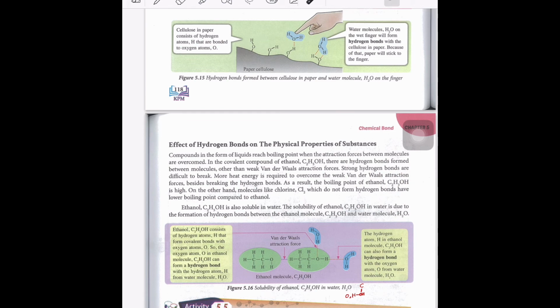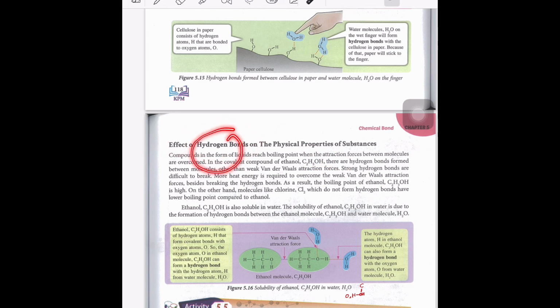Bukan macam ionic compound. Ionic compound only have strong electrostatic force of attraction. Okay? Tapi kalau dalam covalent compound, ngam-ngam lagi ada H dengan O ataupun F ataupun N, nah, tambah lagi hydrogen bond. So, tinggilah boiling point. So, that's the effect of hydrogen bond.